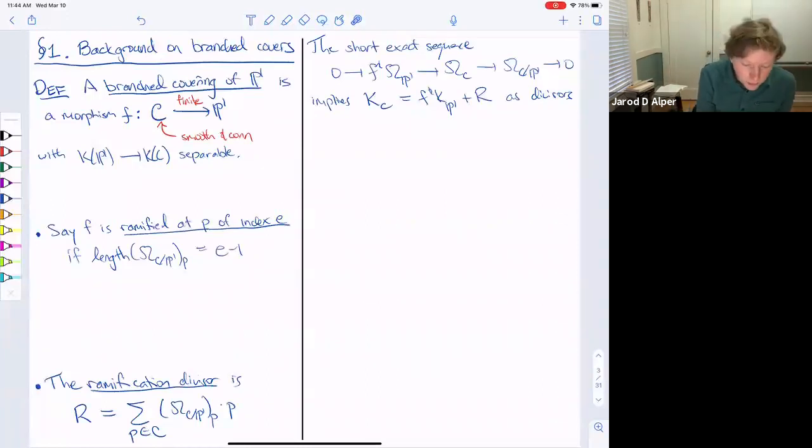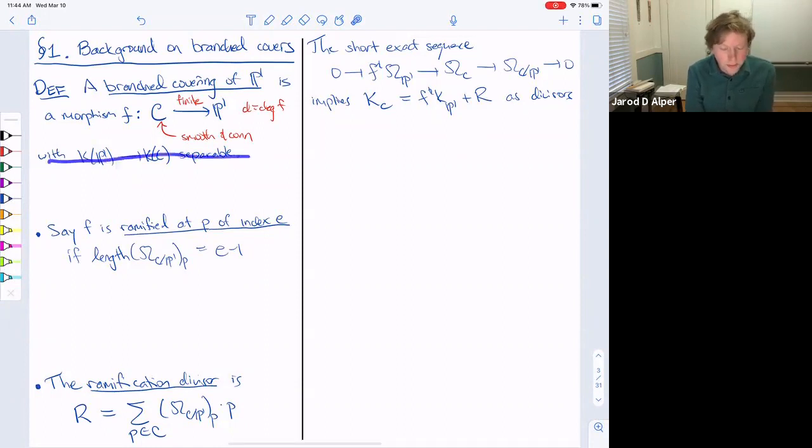Okay, so a branch cover of P^1 is the data of a smooth and connected curve together with a finite map f to P^1. Often we let d be the degree of f. In characteristic p, we want to rule out inseparable field extensions, so the function field is a separable finite extension of fields.